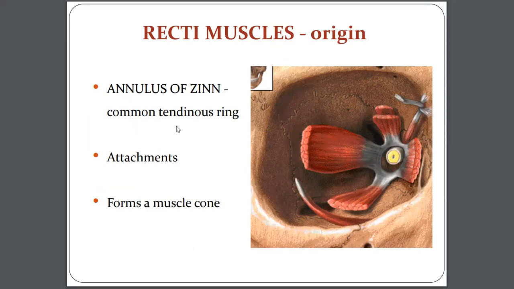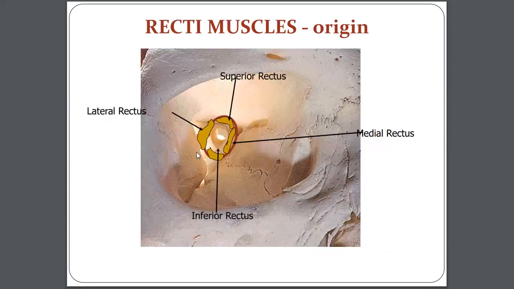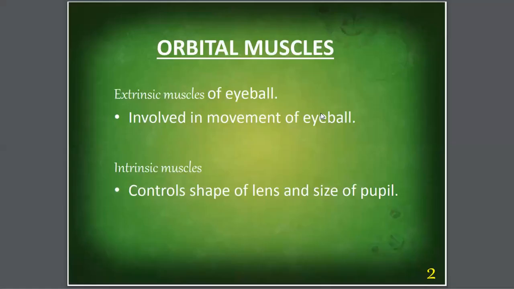They take their origin from the common tendinous ring of Zinn, and it forms a muscle cone. You can see here, this is the common tendinous ring of Zinn, where we have superiorly the superior rectus, inferiorly the inferior rectus, near the midline the origin of medial rectus, and away from the midline the origin of lateral rectus.